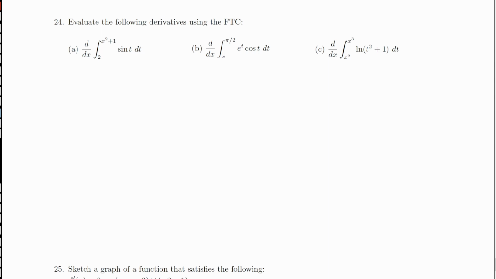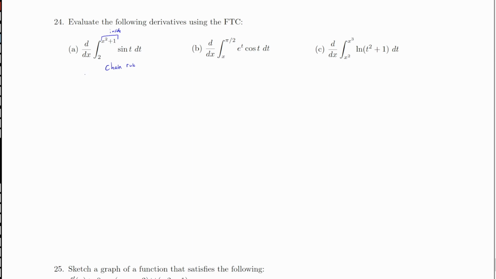Problem 24. We're going to use the fundamental theorem of calculus part 1. On this first problem, I'm taking the derivative of an integral. It's not just an x on top, it's a function of x. So we're going to use the chain rule here, where x squared plus 1 is the inside.